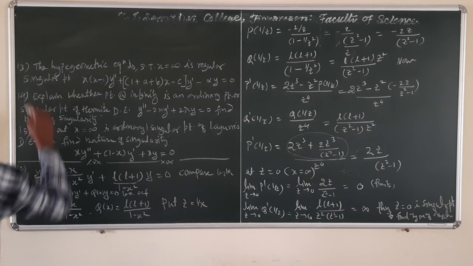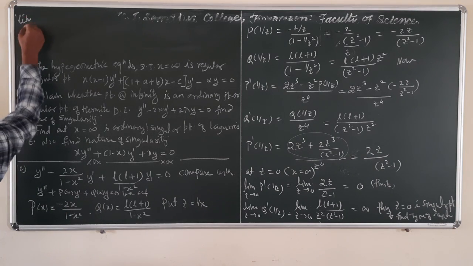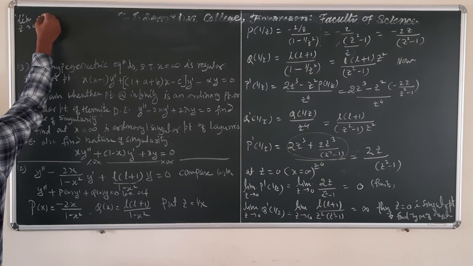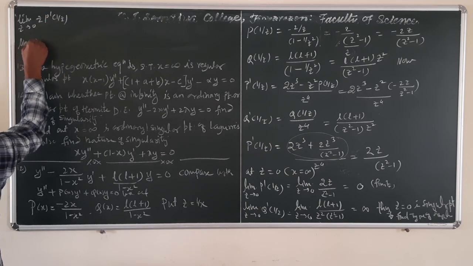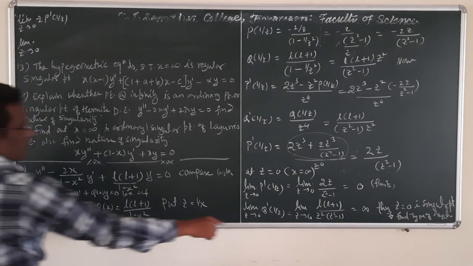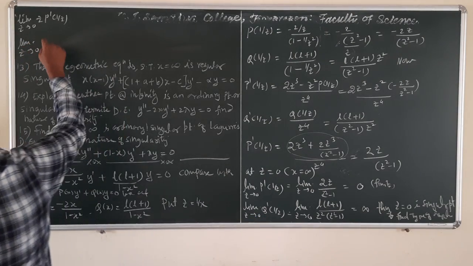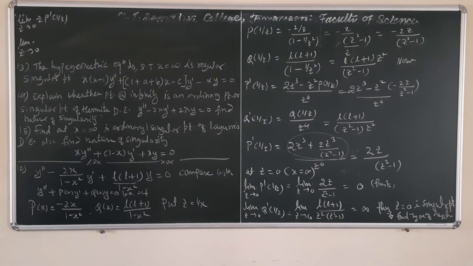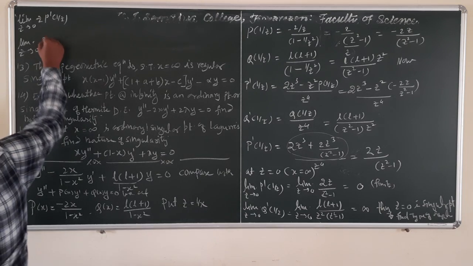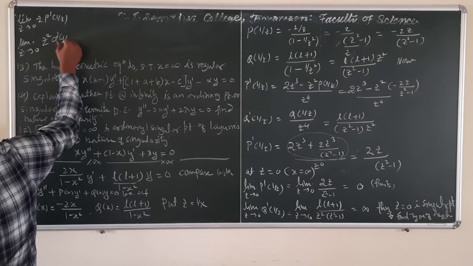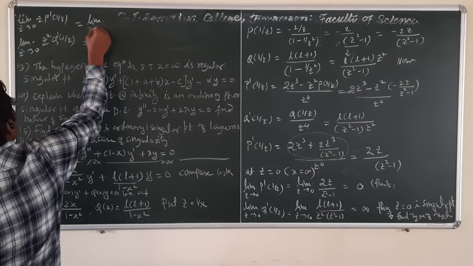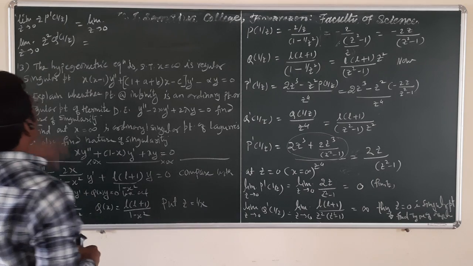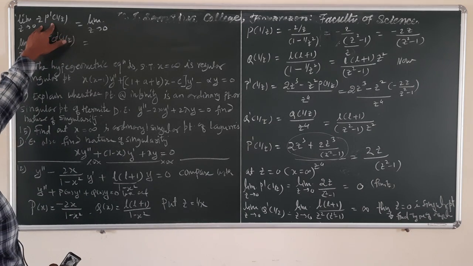We have to take limit as z tends to 0 of z into p dash of 1 upon z, and limit as z tends to 0 of z square into q dash of 1 upon z. So first of all, limit as z tends to 0 of z p dash 1 upon z.